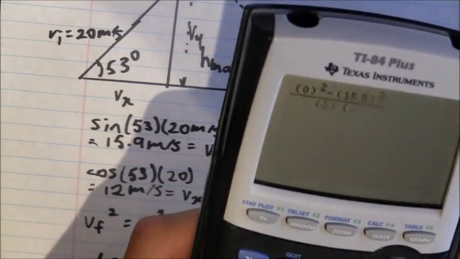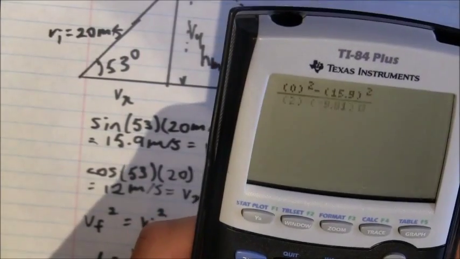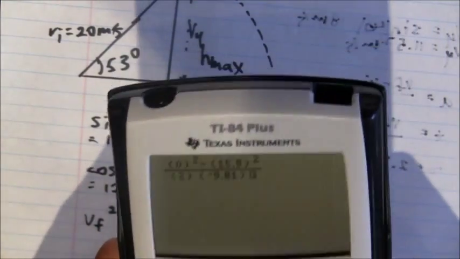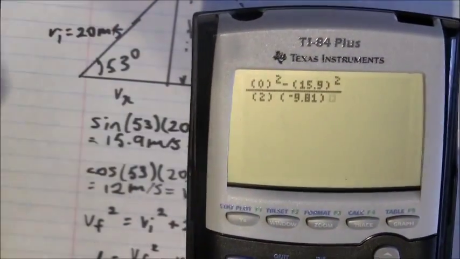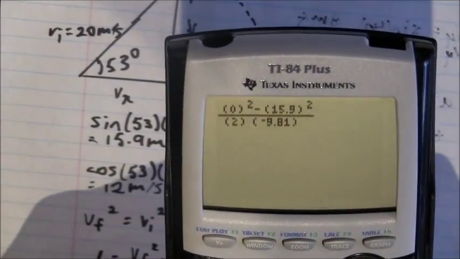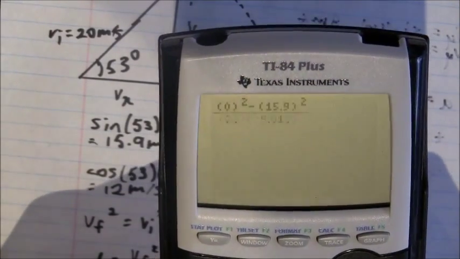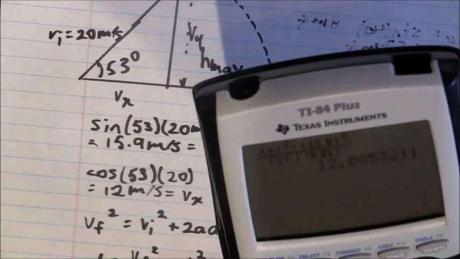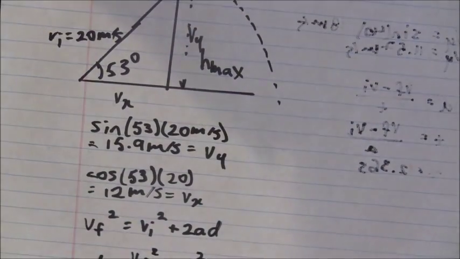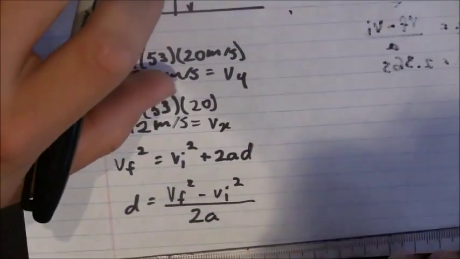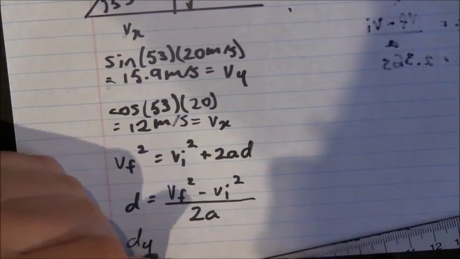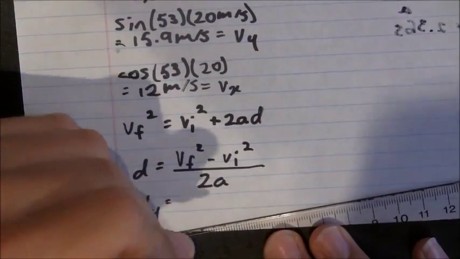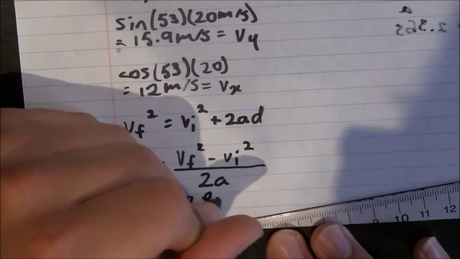Well, it's 2 times negative 9.81, because we're heading up. Earth wants to pull this projectile back down, so it's negative 9.81. And we find that our maximum height will be around 12.8 meters. So dy is 12.8 meters.